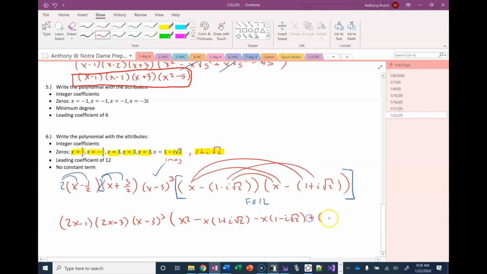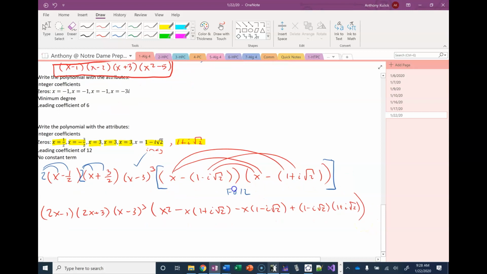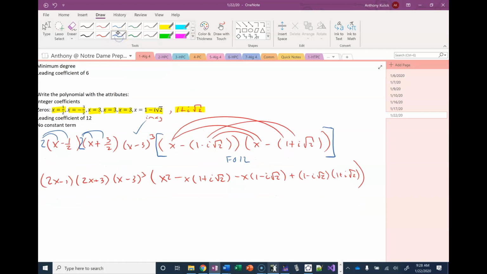And then I have negative times negative, so positive 1 minus i root 2 times 1 plus i root 2. And then here I'm just going to distribute those x's through. And then I'm going to FOIL that piece.